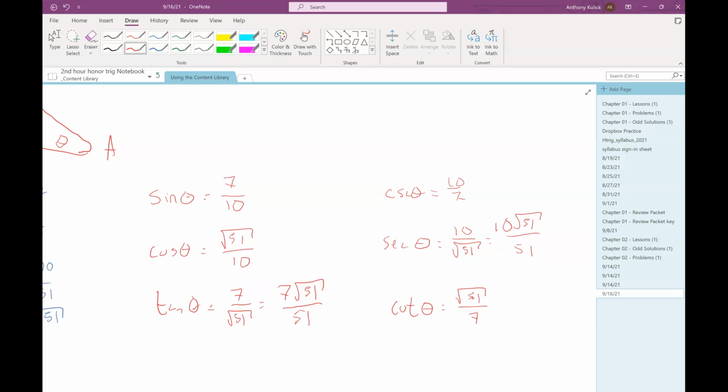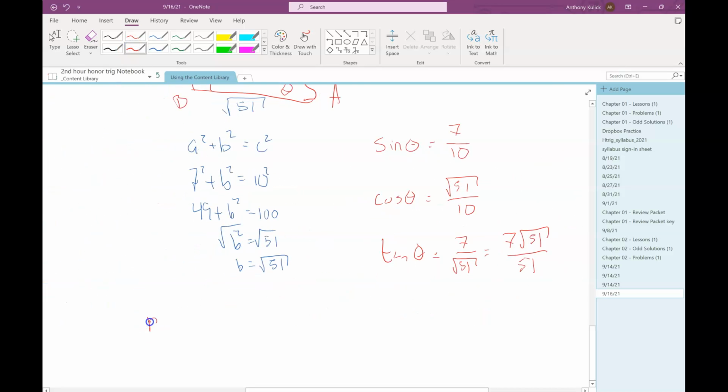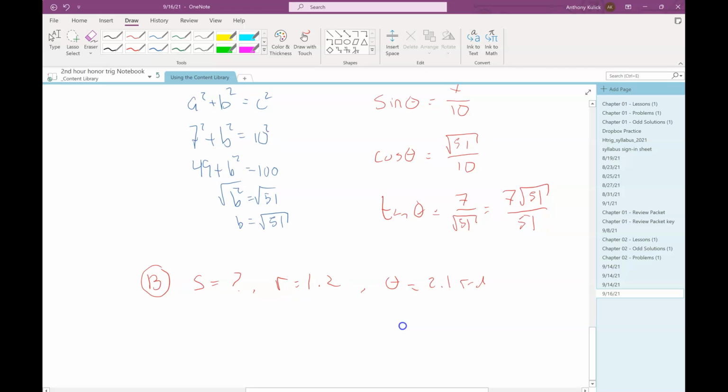Elizabeth. Okay, I'm kind of confused with the whole chart thing. These are all their own separate problems, right? So in 13, you don't know what S is. You know R is 1.2, and we know theta is 2.1 radians.